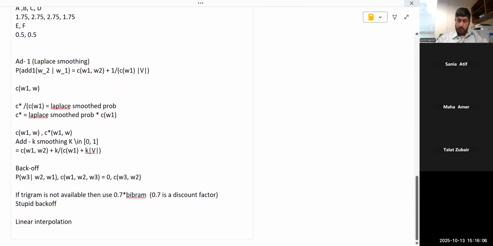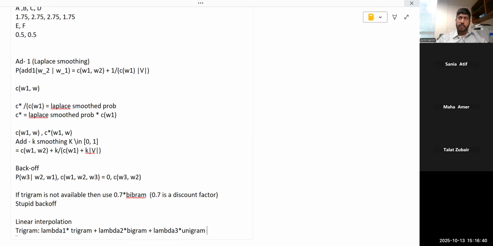Okay, so what happens in linear interpolation is that, let's say you have to compute a trigram. So what do you do? Let's say trigram, how do you estimate that? We have a parameter lambda 1 times trigram, whatever trigram comes, it may be zero also, plus lambda 2 times bigram plus lambda 3 times unigram.